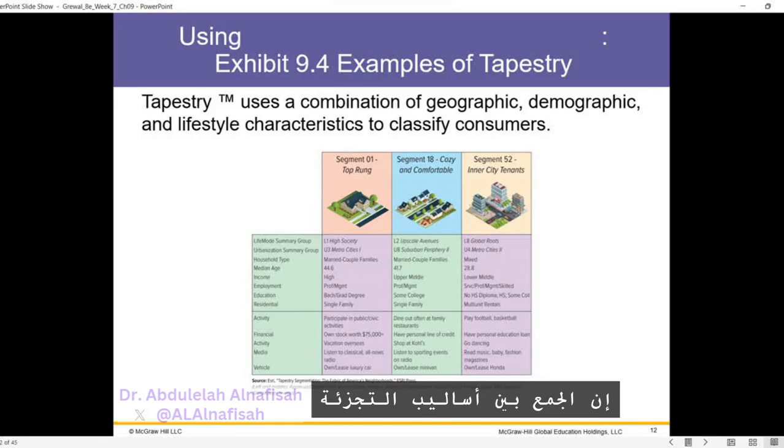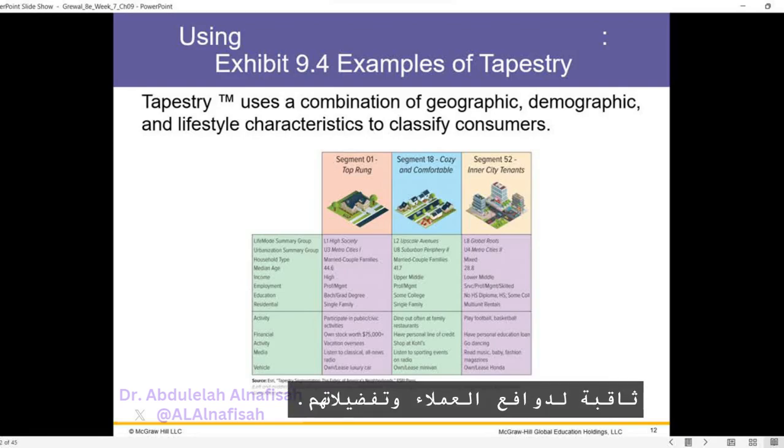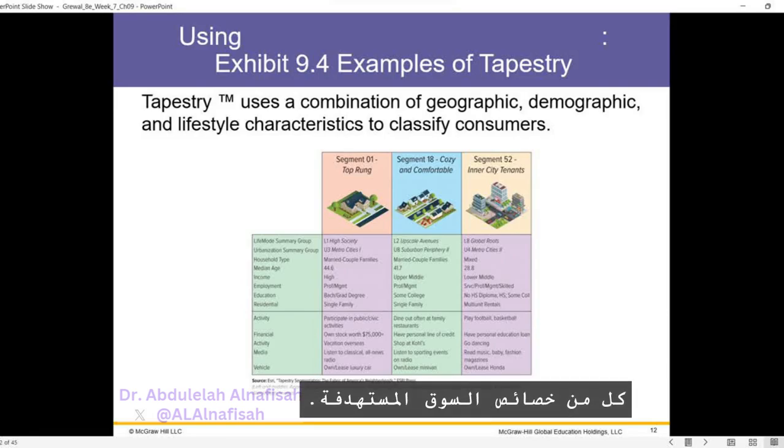Combining segmentation methods enables companies to leverage the advantages of each approach. Demographic and geographic segmentation provide a broad understanding of the customer base, while benefit and lifestyle segmentation offer insights into customers' motivations and preferences. By integrating these methods, companies can develop a more holistic marketing strategy that addresses both the characteristics of the target market and their specific needs and desires.